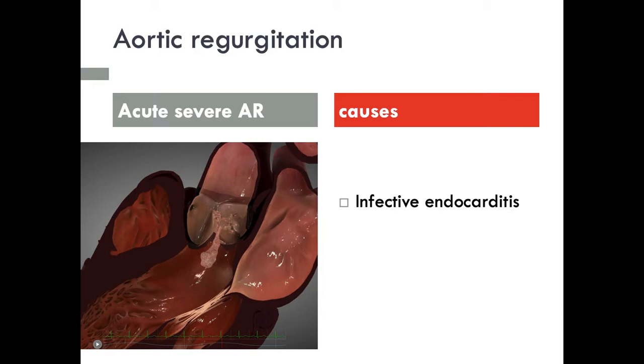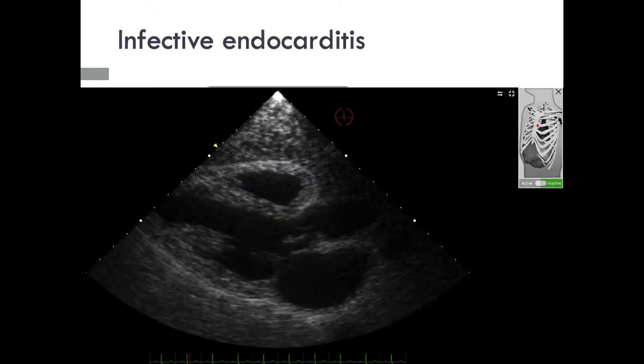So in this image here, the vegetation is quite large. They're mobile structures, so when the ventricle contracts, this vegetation we can see flying up into the aortic root, and then in diastole it drops back into the LV outflow tract, causing aortic regurgitation.